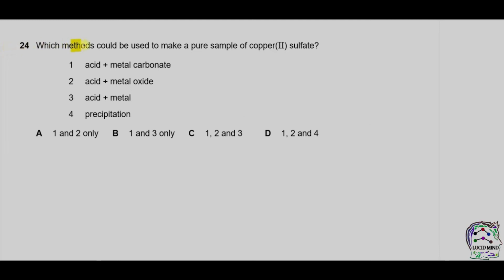Question 24. Which methods could be used to make a pure sample of copper 2 sulfate? Now copper sulfate is a soluble salt. So therefore soluble salt cannot be made by precipitation. Precipitation can only make insoluble salts from two soluble solutions. Let's look at other options. First one is acid plus metal carbonate.